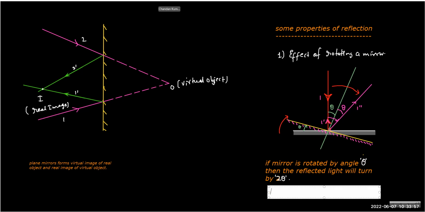If you tilt the mirror clockwise, then the reflected light will also turn clockwise.